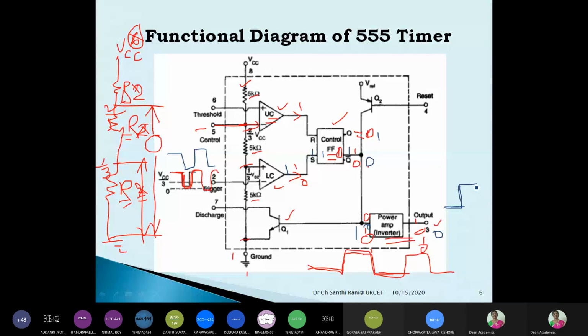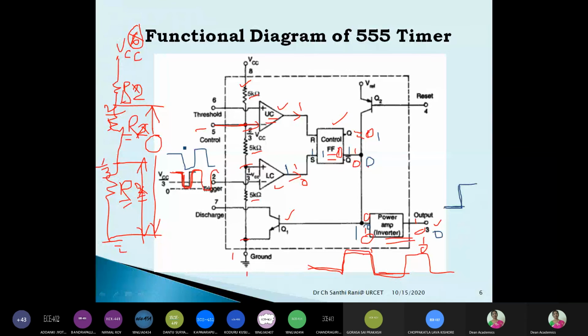If you see, Q is equal to 1 and Q bar is equal to 0, right? Then just observe these comparators. In the lower comparator, the reference voltage is given at the non-inverting input terminal, and the input voltage or trigger pulse is given at the inverting input terminal, right? And in the upper comparator, the input voltage, the threshold voltage, is given at the non-inverting input terminal, and the reference voltage is given at the inverting input terminal.